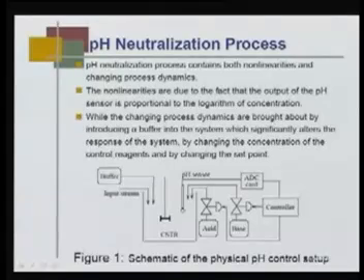Here it is, this is a continuously stirred tank reactor. This is your input stream, the flow that is coming from the plant, the waste products. This is called the buffer; I will explain just now what a buffer is. This is the pH sensor, and this is your controller. The sensor senses the pH of the reactor, and the controller receives that signal through the ADC.